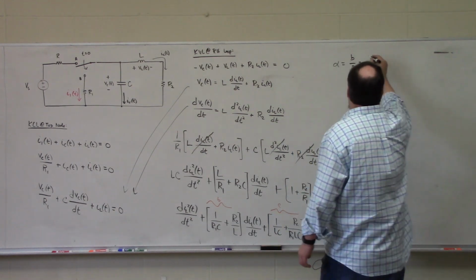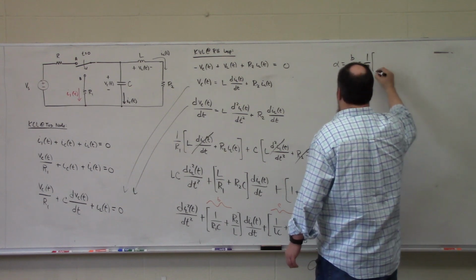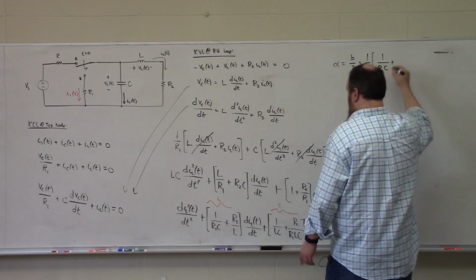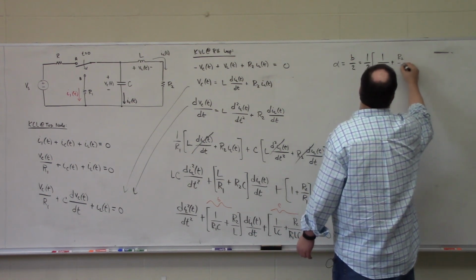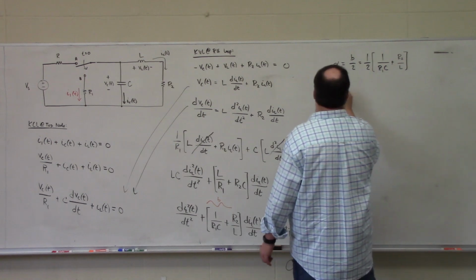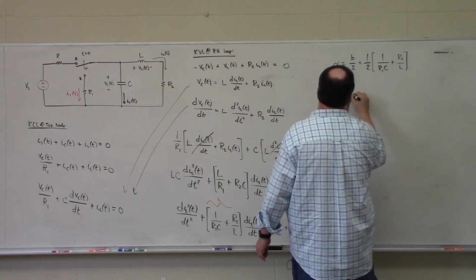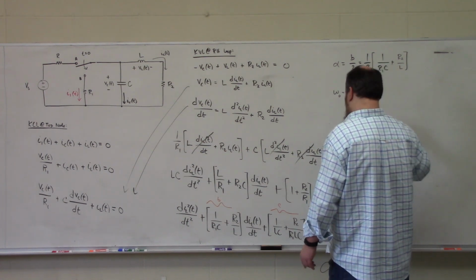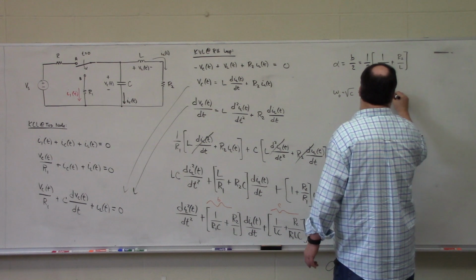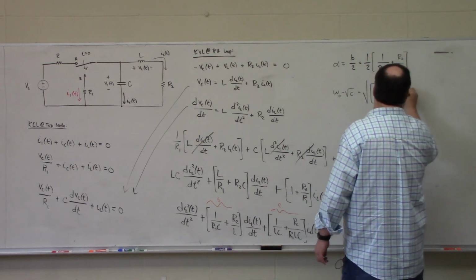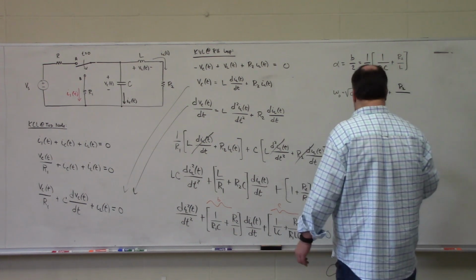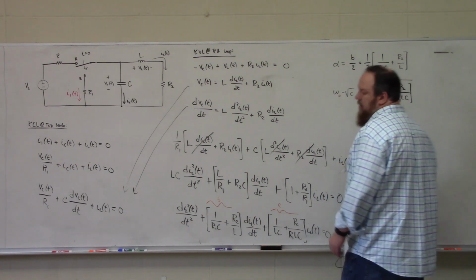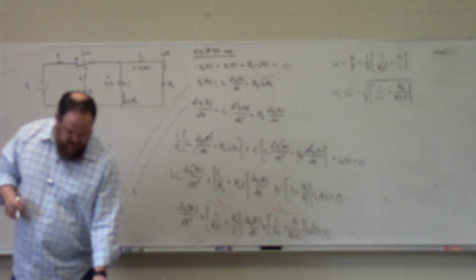So that's going to be simply 1/2 multiplied by 1 over R1C plus R2 over L. And omega naught is always the square root of C, is going to be the square root of 1 over LC plus R2 divided by R1 LC, if I've done all of my algebra correctly.